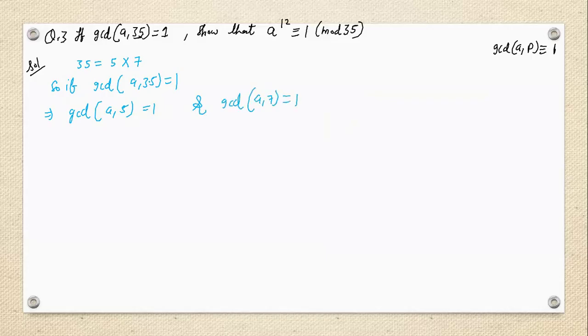When a is not dividing 35, then definitely a will not divide either 5 or 7. So GCD of any factor of 35 with a will be 1. Remember this.